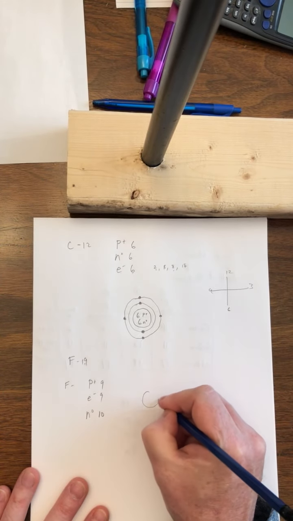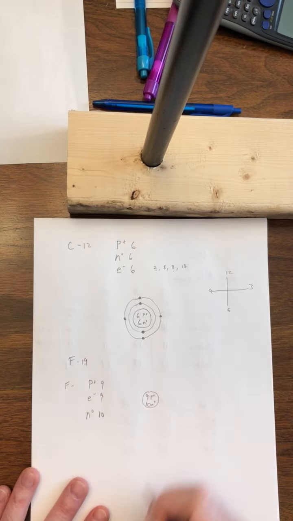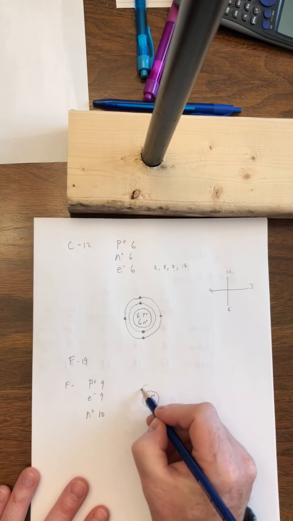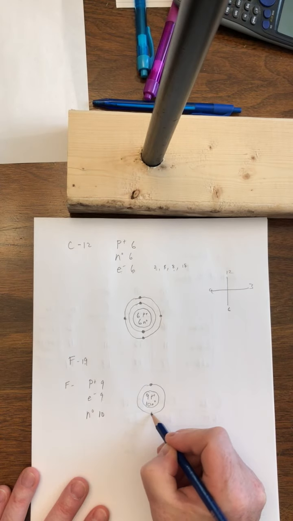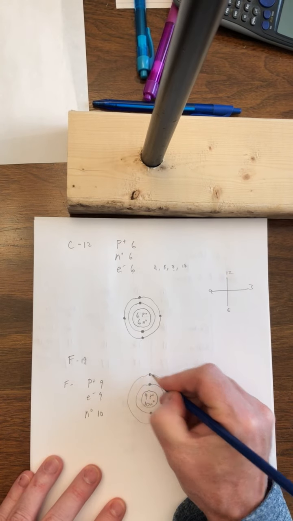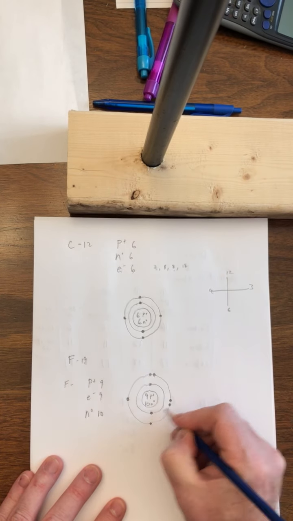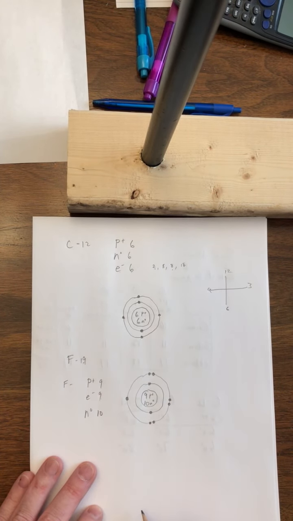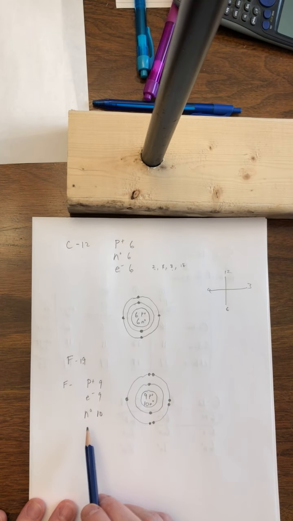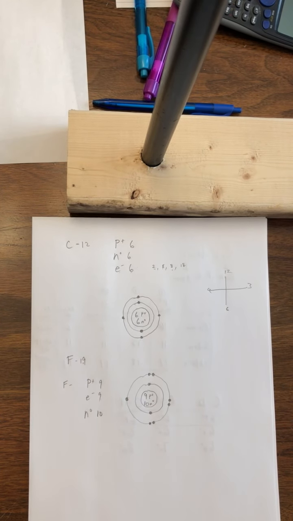So drawing that up, my nucleus, 9 protons, 10 neutrons, and I have 9 electrons. 1, 2 in my first orbit, it's full. 3, 4, 5, 6, 7, 8, 9. So there's my 9 electrons, 2 in the first orbit, 7 in the second. So that is that. Hopefully this will help you out.